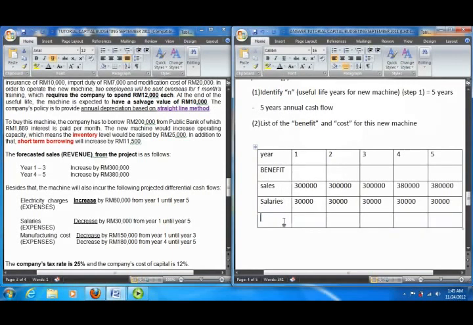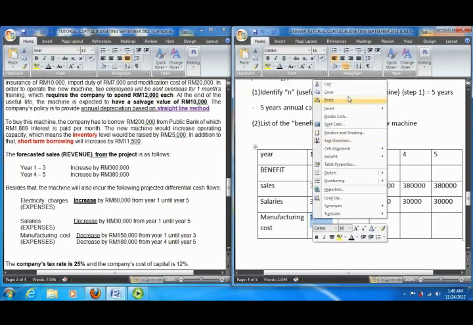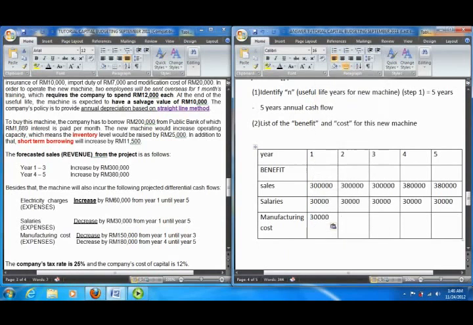So manufacturing cost. Can I know the manufacturing cost? Decrease by 150,000. So it is positive because it's under benefit. Class, as you can see, 150,000 is only for year 1 to year 3.